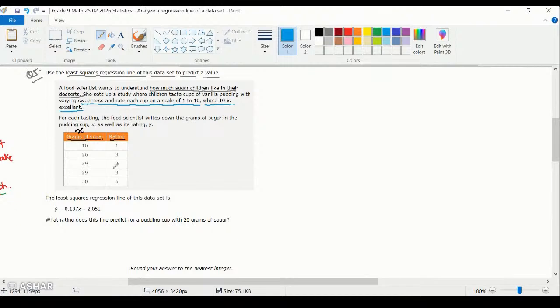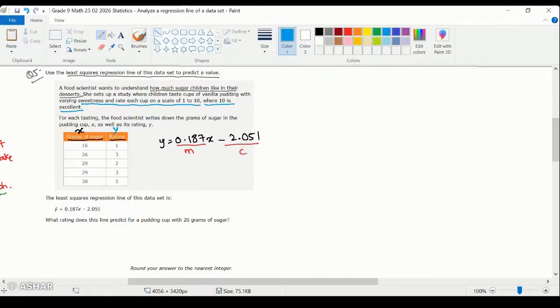So Y represents the ratings of the sweetness. The equation has been provided to us. The equation says y is equal to 0.187x minus 2.051, where this represents the slope and this represents the intercept.